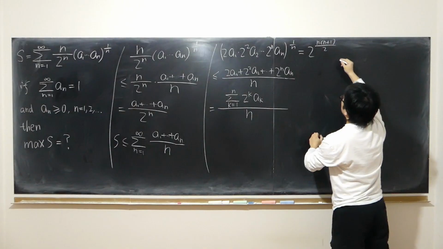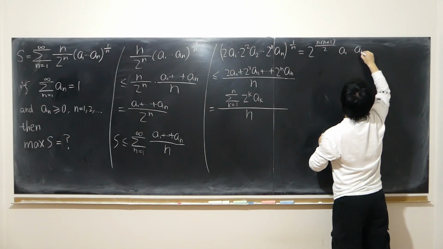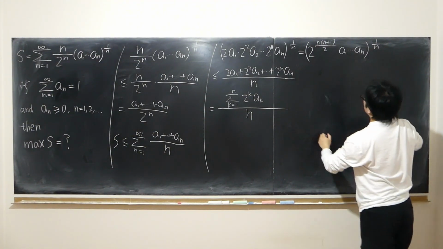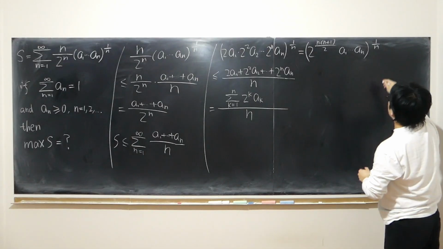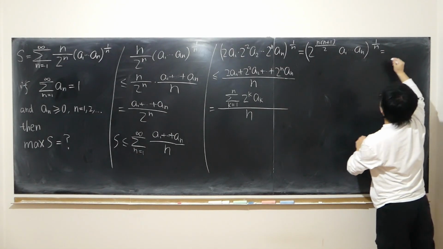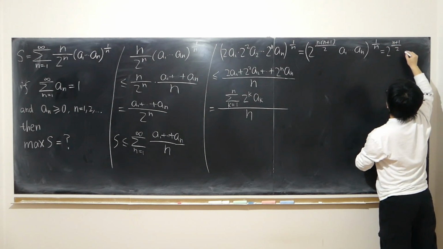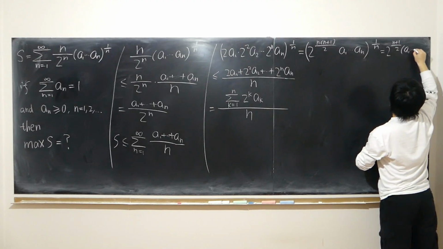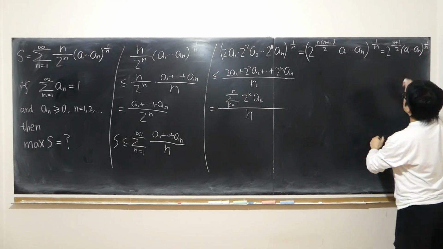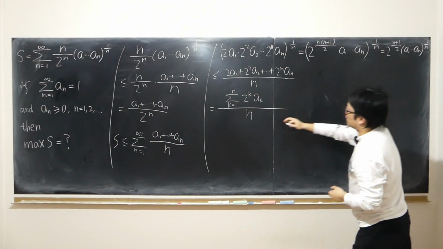Then a1 all the way up to an, all together raised to the power of 1 over n. But that is equal to, this n cancels out, 2 to the power of half of n plus 1 times a1 all the way to an to the power of 1 over n. So essentially this is less than or equal to that.